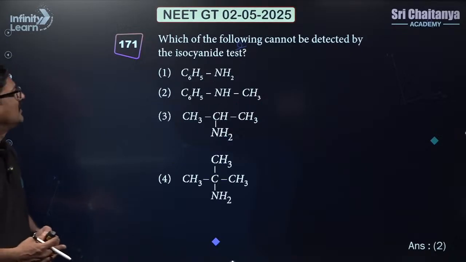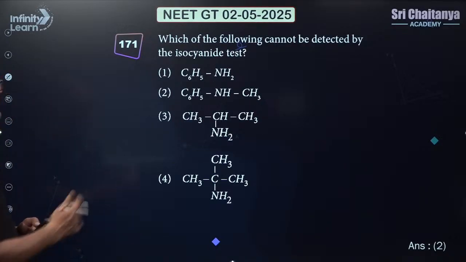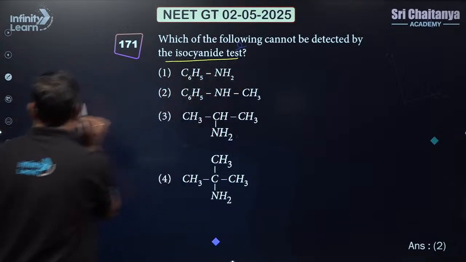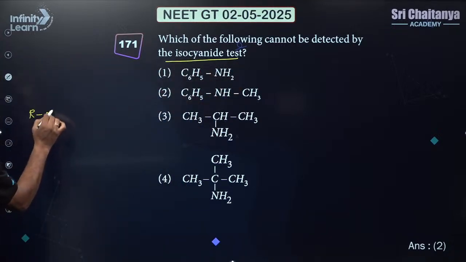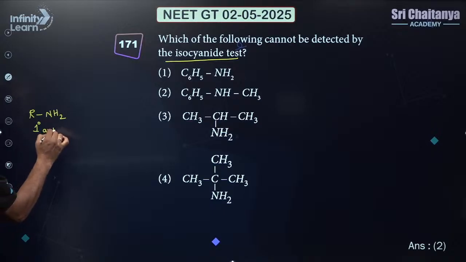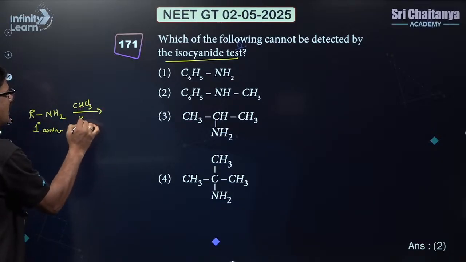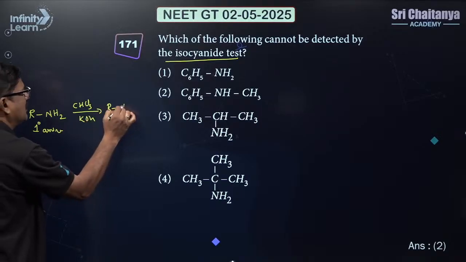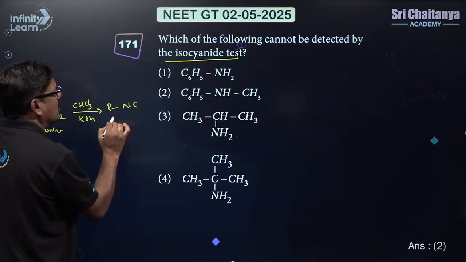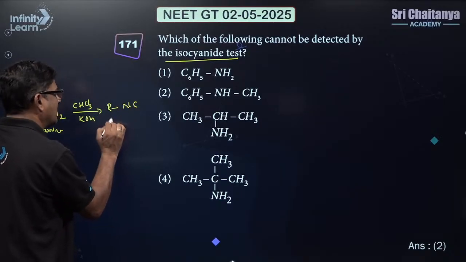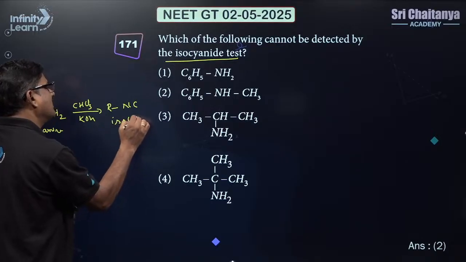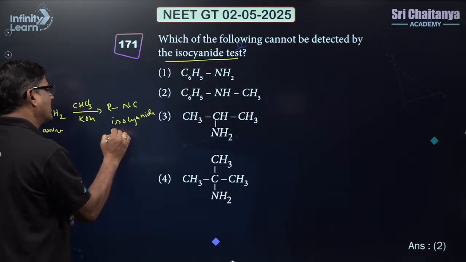That's good. Which of the following cannot be detected by isocyanide test? RNH2, primary amine, reacts with chloroform and potassium hydroxide, alkyl isocyanide is formed. This is called isocyanide, the carbylamine test.